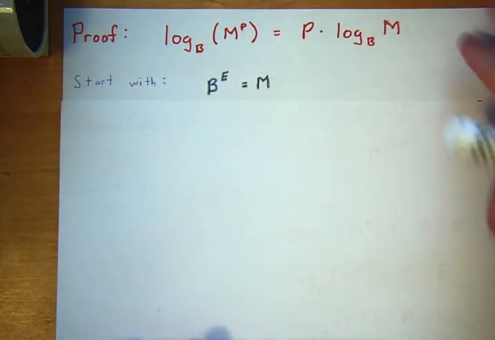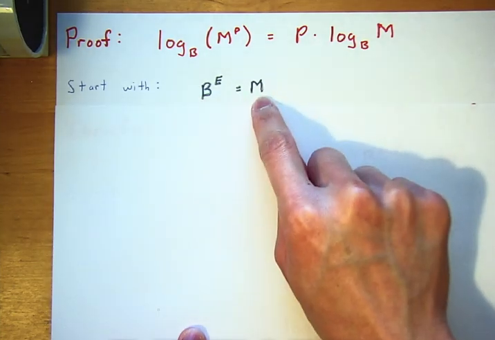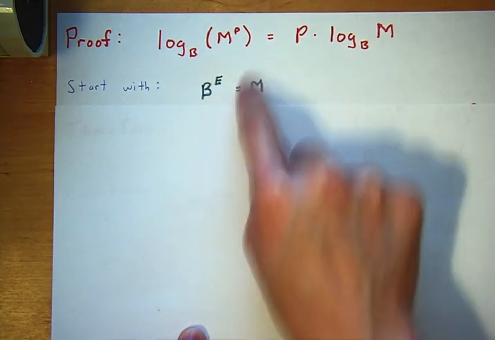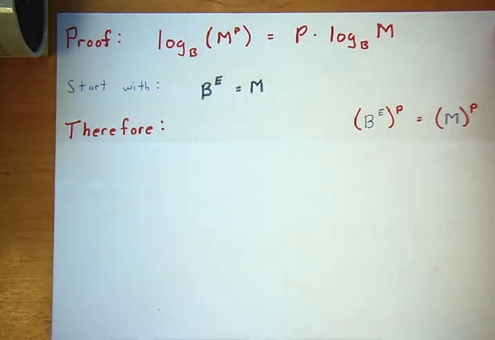So if this side is equal to this side, then that means this exponent P should equal this exponent P. So I'm going to exponent P both of those sides.